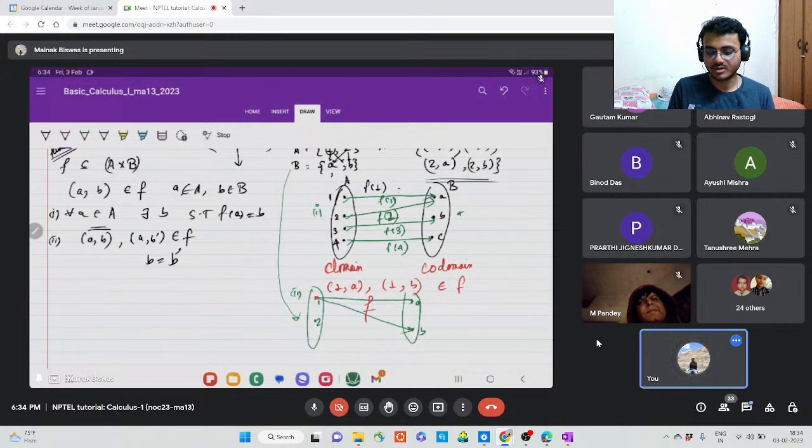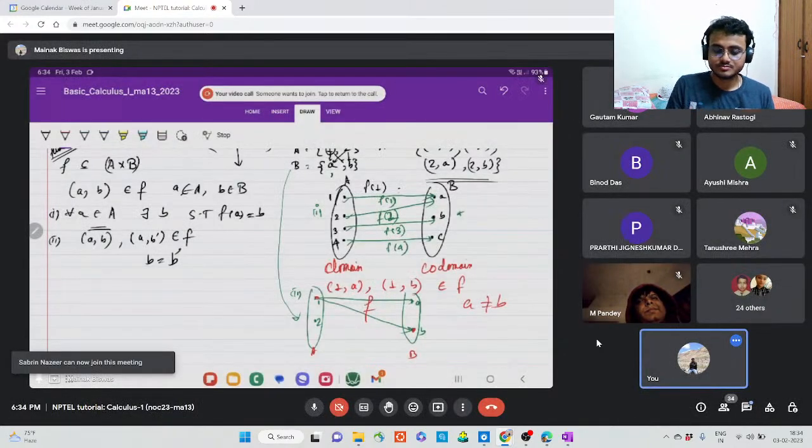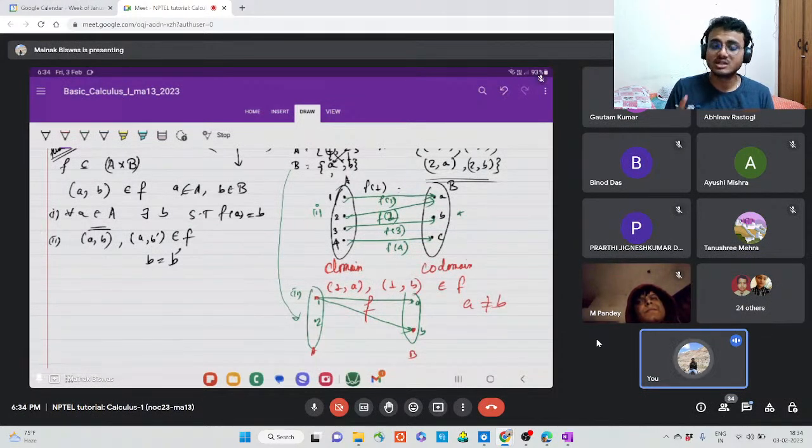This is the mapping from set A to B. So a is not equal to b. So this is not a valid function. So for any two elements in the codomain set, there cannot be a common... For any, what did I say? For any two elements in the codomain set, I'll write it down.